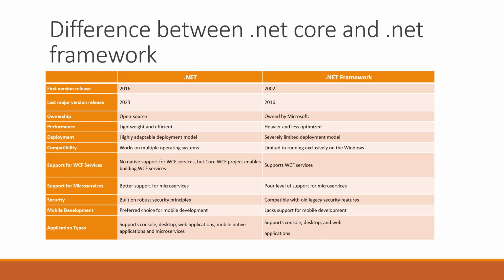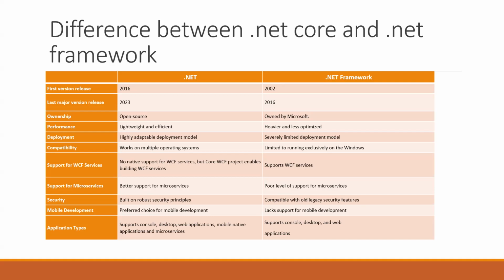On the other hand, updates for .NET Framework include only security fixes. The last update came in 2016, that is .NET Framework 4.6. Nowadays, if .NET Framework updates come, they include only security fixes.